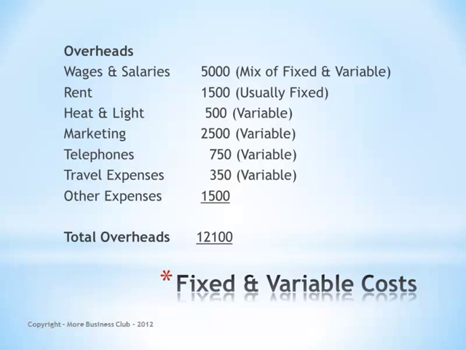Heat and light is variable depending on activity. Marketing is variable, and that's also a discretionary cost because you can decide whether to spend it each month or not to spend it. Telephones are variable depending on activity, particularly if your business is based a lot on telephone selling, then it will vary very much with the sales of your business.